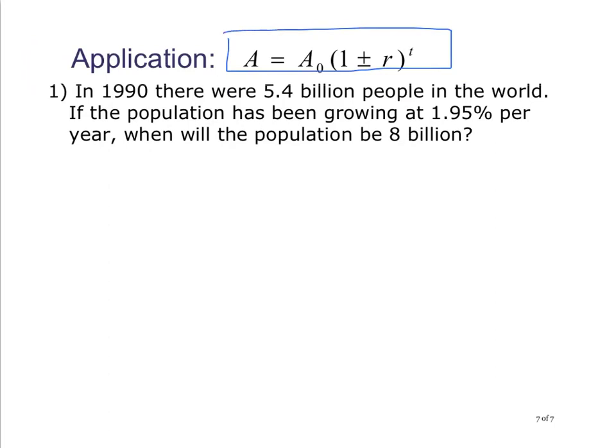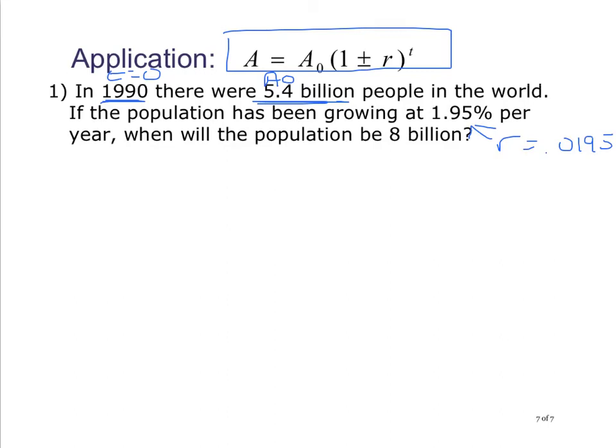It's not continuously, so it's just a strict kind of rate problem. So going through the problem, 1990, there were 5.4 billion. So this is going to be when my time is 0, and this is my A0. This 1.95 is going to be the R, and I'm going to put 0.0195.